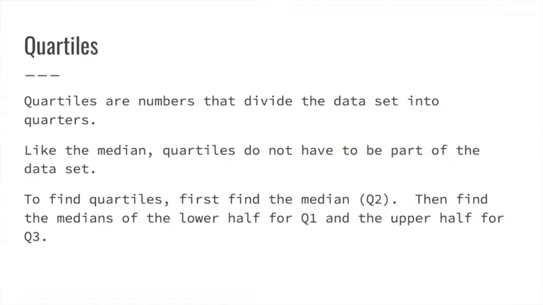We take the lower half of the data and find the median of that. That'll give us Q1, the first quartile, or sometimes called the lower quartile. Then we take the upper half of the data and find the median of that, and that gives us Q3, the third quartile, or sometimes called the upper quartile.